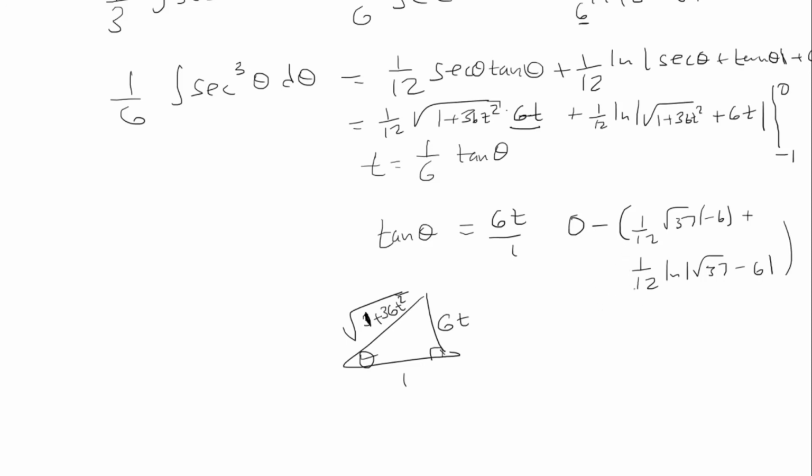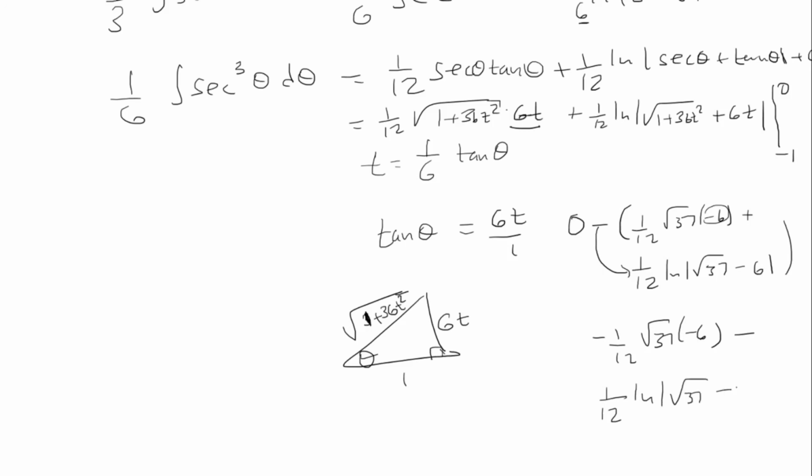So I can distribute out the negative. Negative 1/12 root 37 times -6. And I'm going to distribute the negative over here, which will be minus 1/12 ln root 37 minus 6.